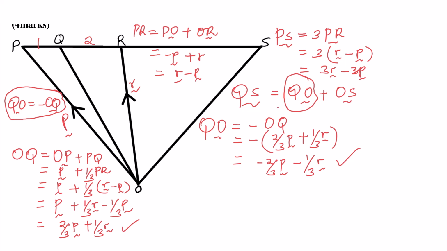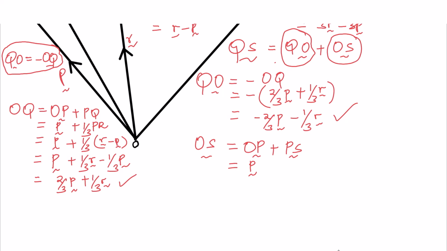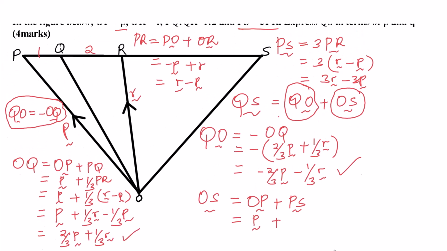Now after getting QO, we can now get vector OS. You want to move from O to S. Which direction are you going to follow? The easiest one is moving from O to P, look at the diagram, O to P, then P to S. So OP is p. And then PS, just look at PS.